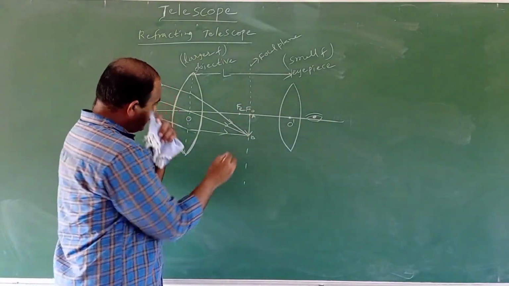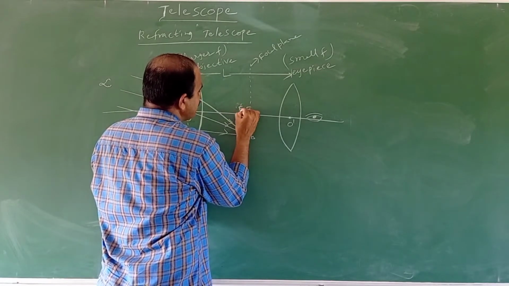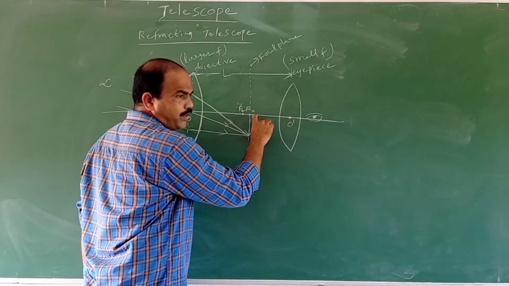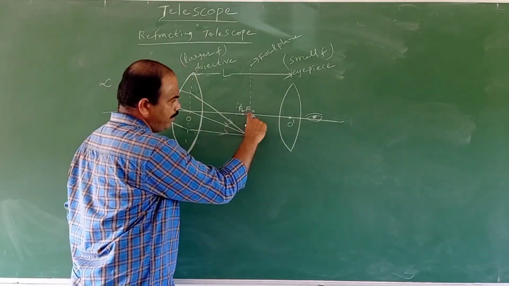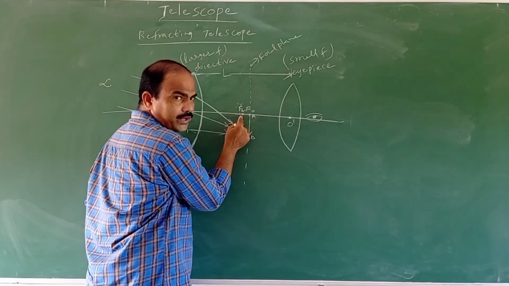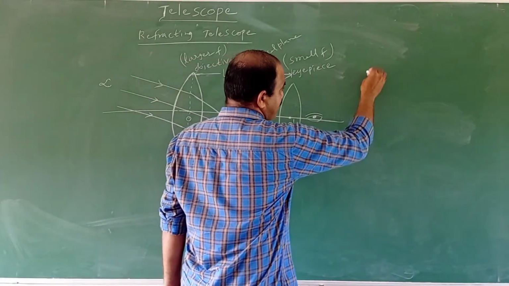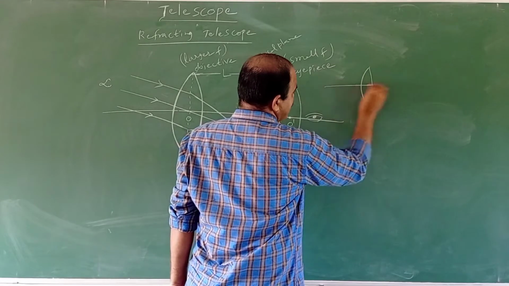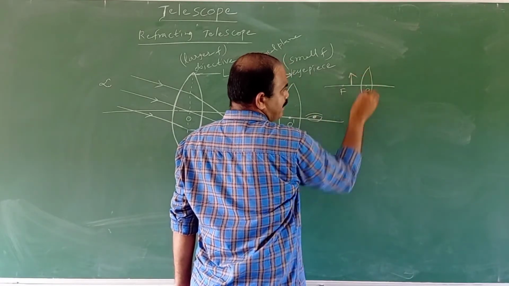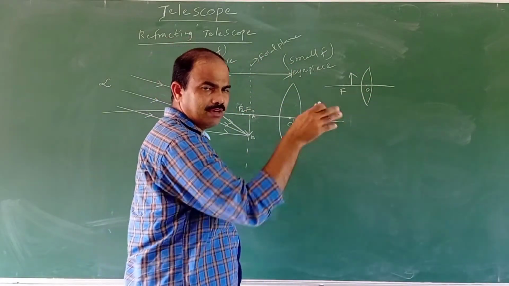Consider this is the focus of the eyepiece and this is the optic center. Now this AB is the image formed by the objective. It lies between the optic center of the eyepiece and the focus. It is a convex lens, and when the object is between the optic center and focus, the image is formed behind the lens, and it is a virtual image.